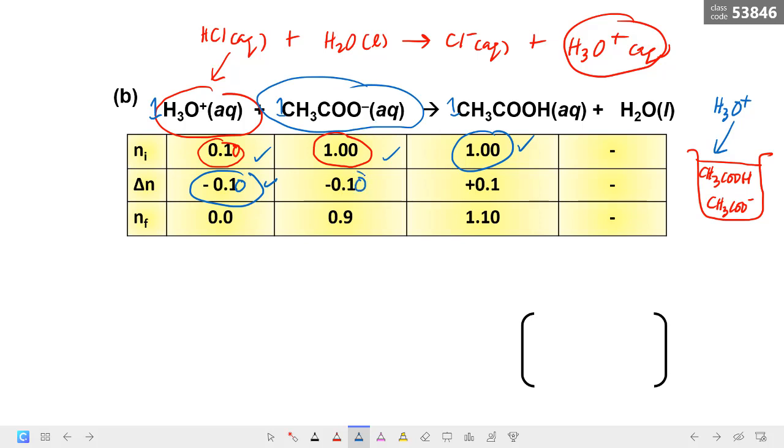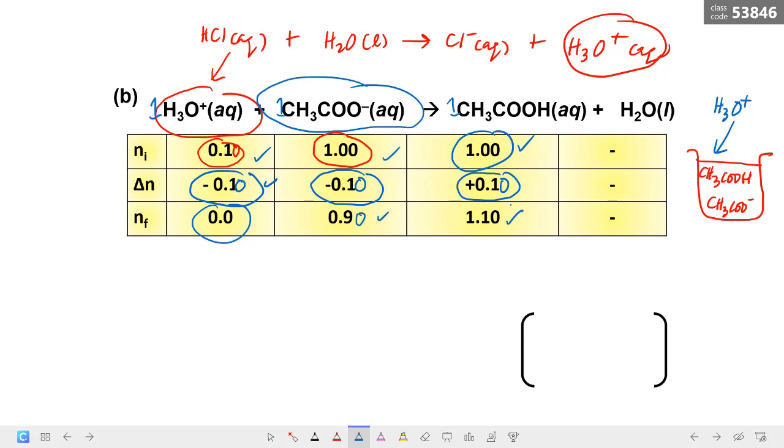Sini pun minus 0.10 and the weak acid in the buffer akan increase sebanyak 0.10 mol. Okay, so finally you nampak the strong acid habis lah. The conjugate base berkurang sedikit concentrationnya, 0.90, and the number of mole of acetic acid kat dalam tu bertambah sedikit.